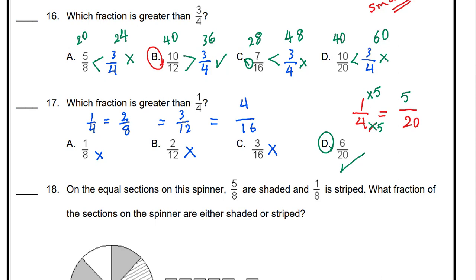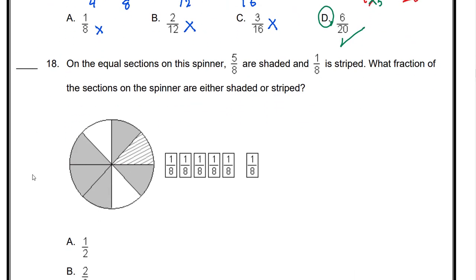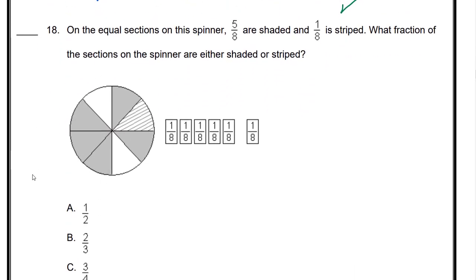You can compare every choice to the given fraction, or you can just make them with the same denominators. Okay. Any problems? Okay, my heroes, let's continue with the next question.